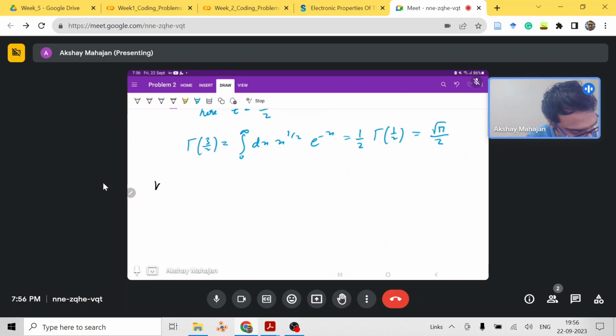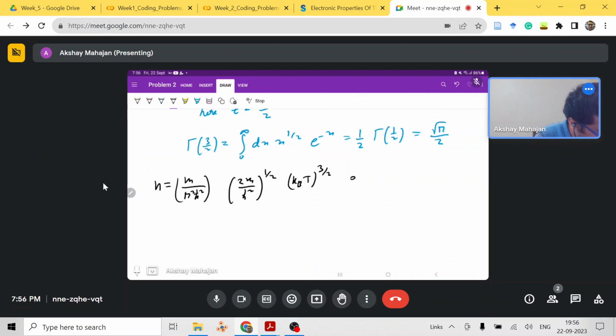So we can write our n here as m upon pi squared h-bar squared times (2m upon h-bar squared) whole to the power 1 by 2, kBT to the power 3 by 2, e to the power mu by kBT, times this gamma function, which equals root pi by 2.